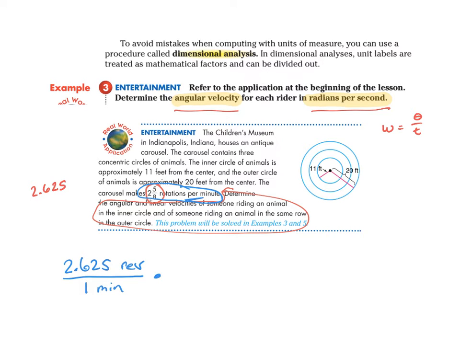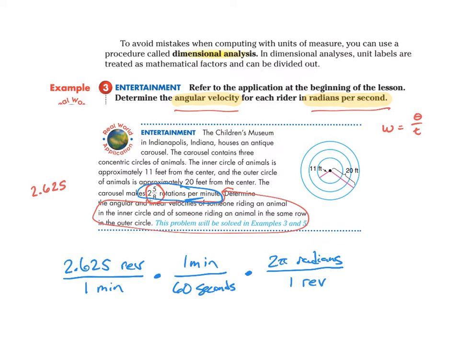And I know that there is 1 minute every 60 seconds. And I know that there are 2 pi radians equal to 1 revolution.